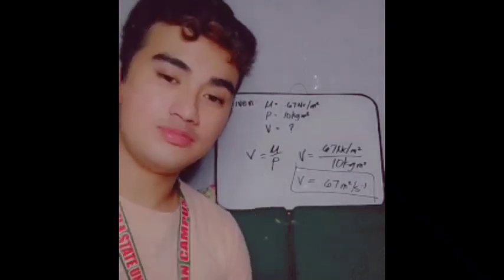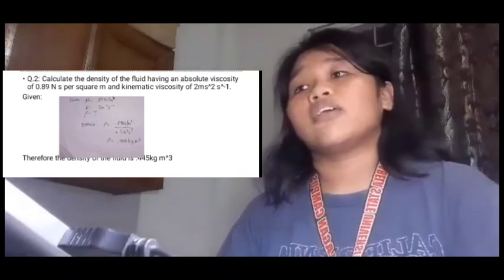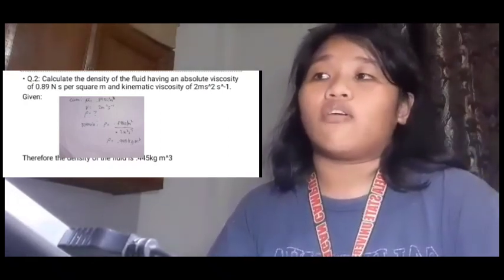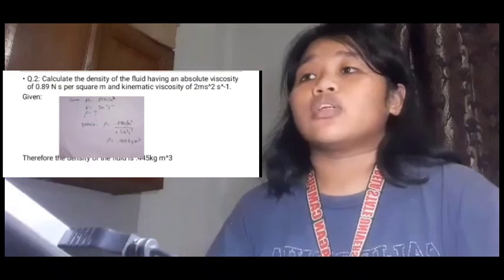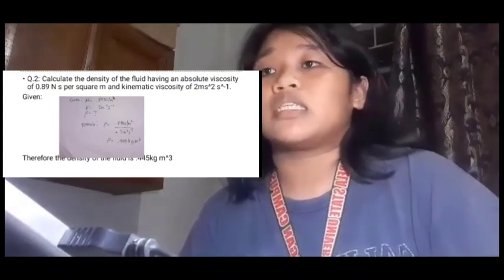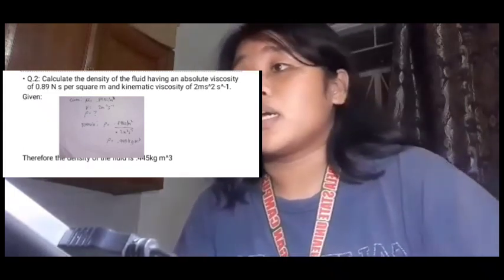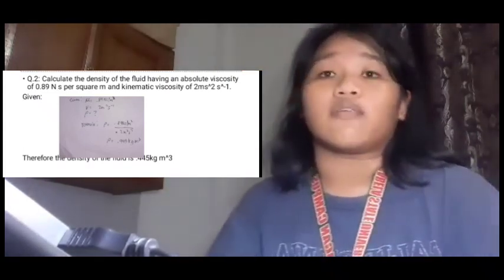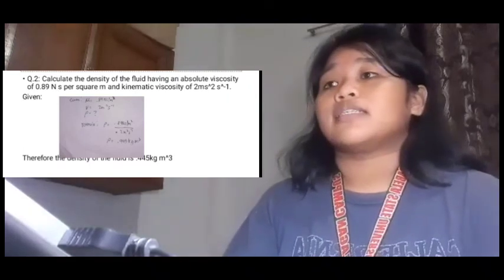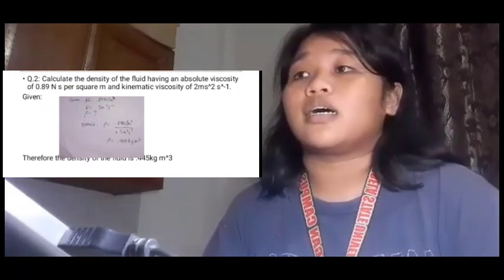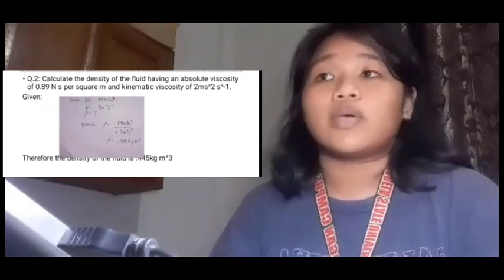Thank you! Okay, for sample problem number 2, we have here, calculate the density of the fluid having an absolute viscosity of 0.89 Newton second per square meters and kinematic viscosity of 2 meters square seconds raised to negative 1. So, dito guys, or class, ang missing dito is ang density of the fluid.